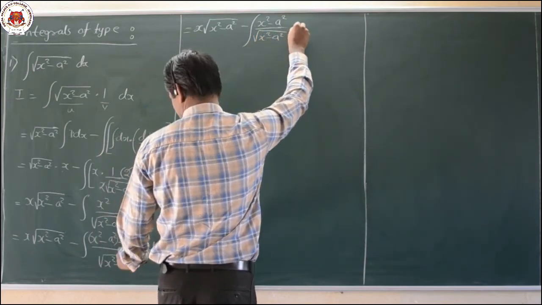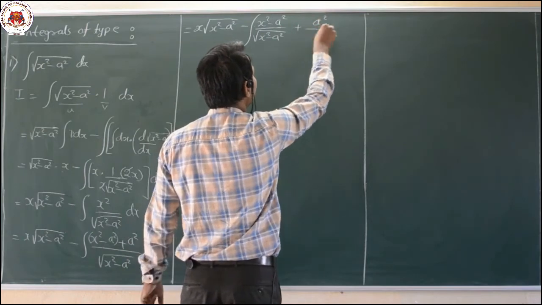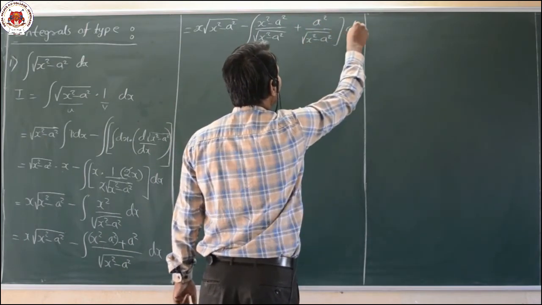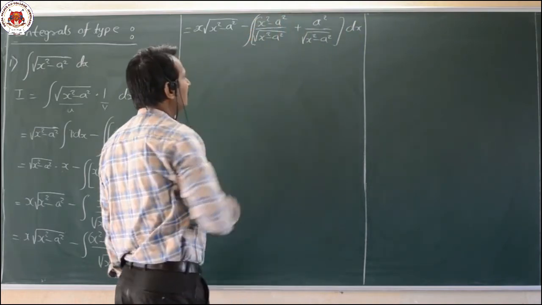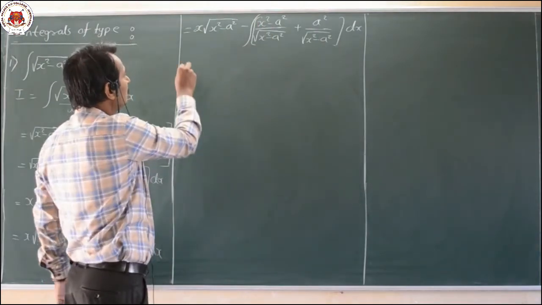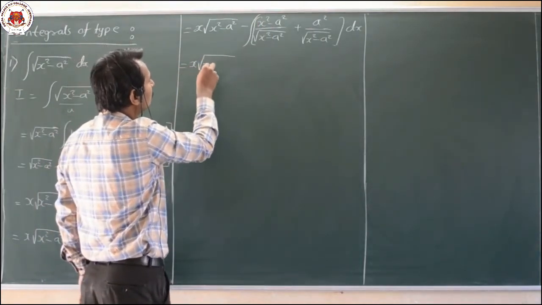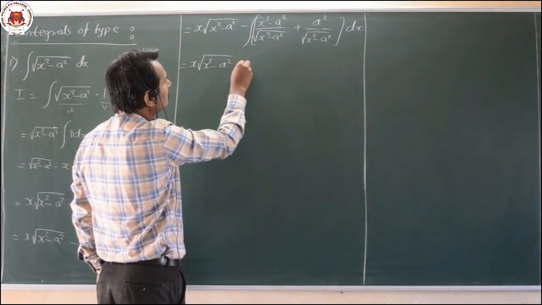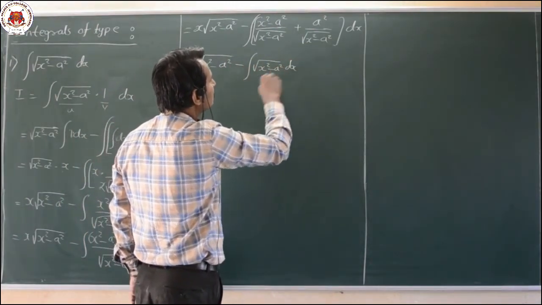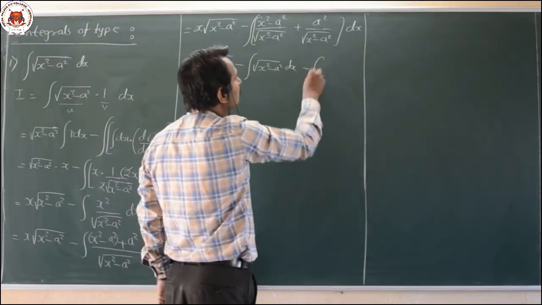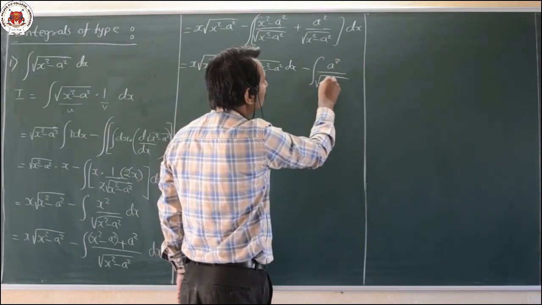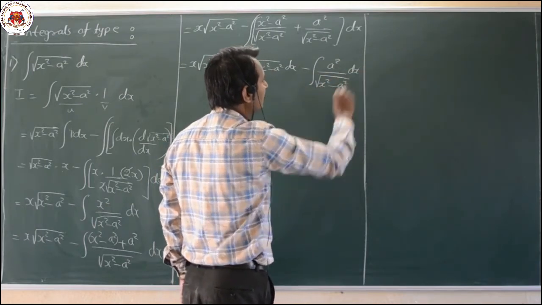The next part is a square divided by root of x square minus a square into dx. Here we can observe that x square minus a square divided by root of x square minus a square is nothing but root of x square minus a square. So we get x into root of x square minus a square, minus integration of root of x square minus a square dx, minus a square integration of 1 divided by root of x square minus a square into dx.